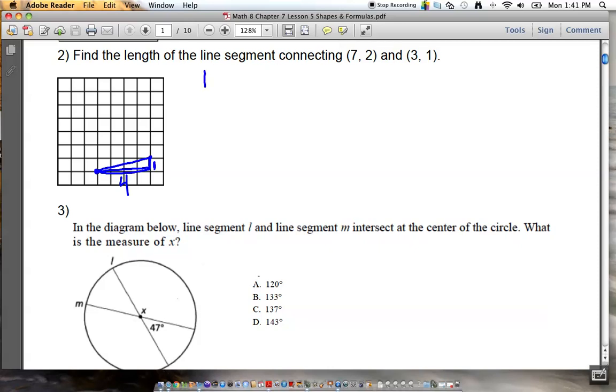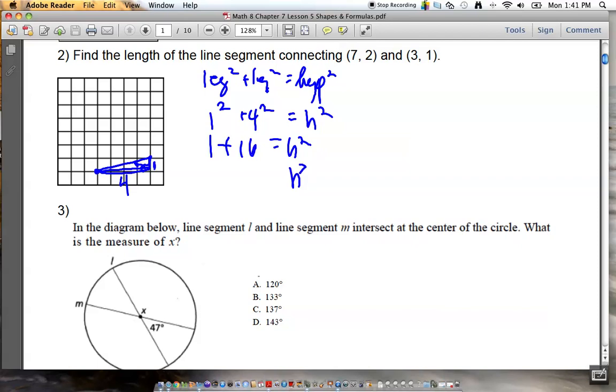Pythagorean theorem, very good. Leg squared plus leg squared is equal to hypotenuse squared. So 1 squared plus 4 squared, because those are the legs, the hypotenuse is across from it, is equal to hypotenuse squared. 1 plus 16 is h squared. H squared is 17, and then I square root both sides, and I get h is the square root of 17. Does anybody remember what kind of number the square root of 17 is?